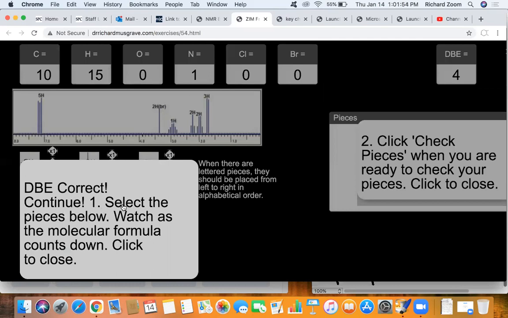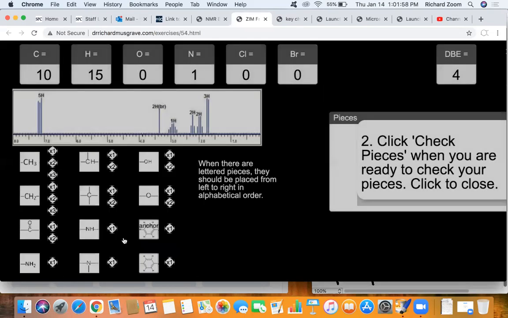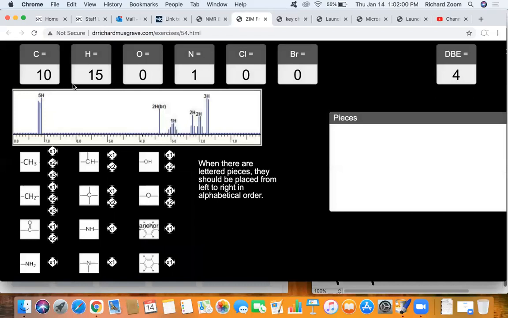To continue, select the pieces below. Watch as the molecular formula counts down. What's going to happen is I'm going to pick the pieces as I see them here, and I want you to watch as this counts down. So you've got C10H15 right now. 5H in the aromatic region, that's a C6H5. That would be this piece here.